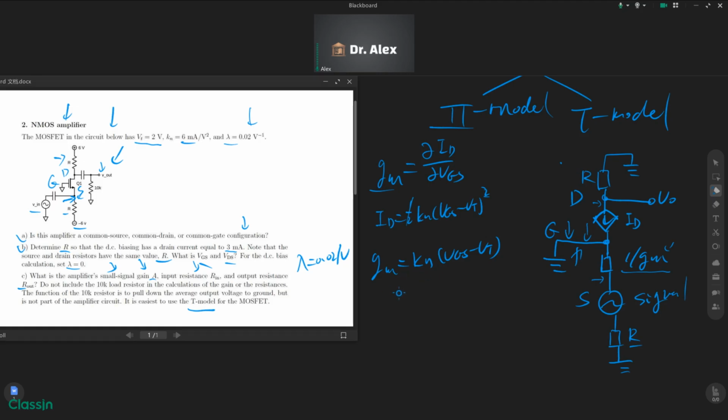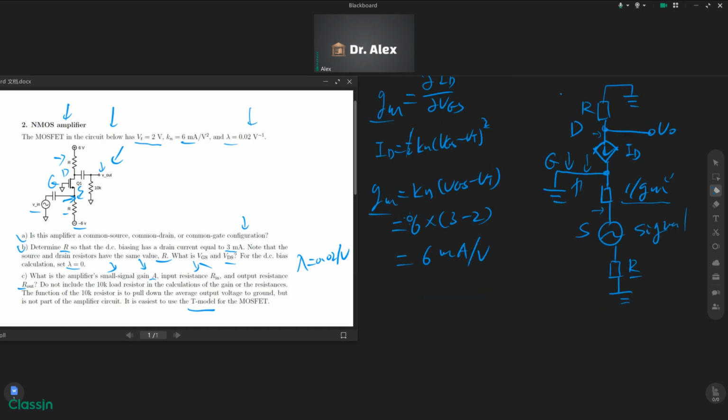We get 6 times (3 minus 2), which is 6 milliampere per volt. This is the value of gm.